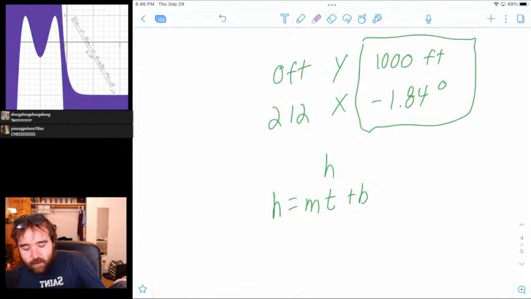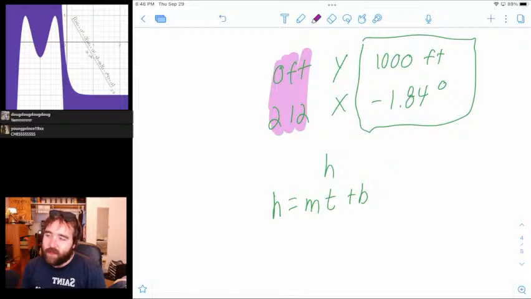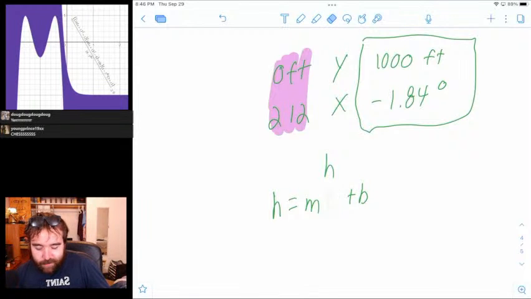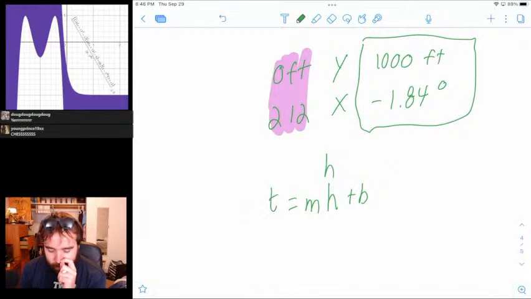So look at what that is though. That's like the y-intercept, isn't it? At 0 feet. Actually, the y-intercept is when x equals 0, right? So maybe the height should be the x variable instead.